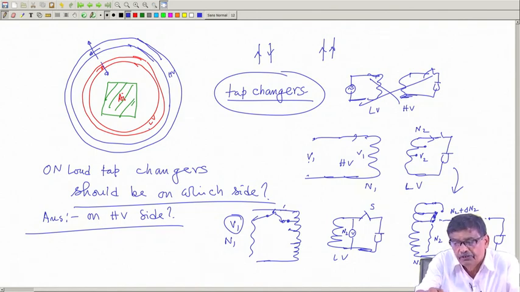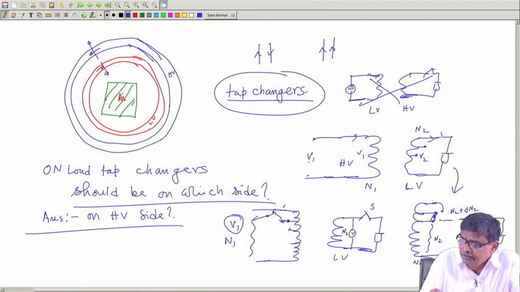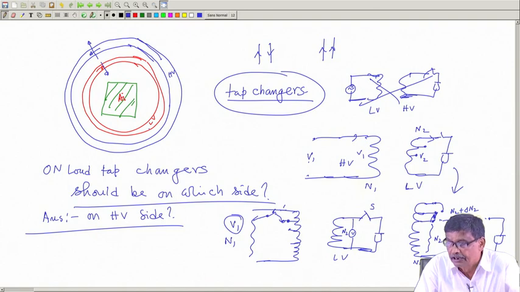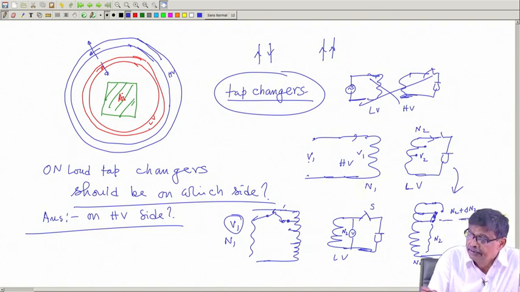Tapping is to be taken from this HV, and it is not that you always increase the number of turns to increase the voltage. If this side is your supply side, you have to reduce the number of turns to increase the voltage on the LV side.